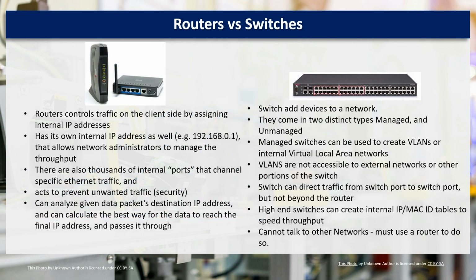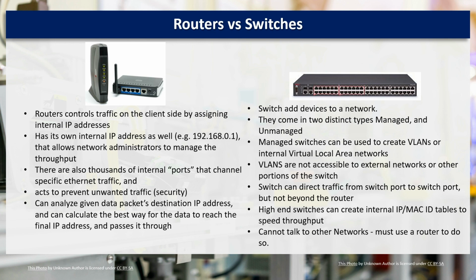Once you leave the home, routers and the switches tend to be separated. That's because they perform two distinct functions. Routers control traffic on the client side by assigning internal IP addresses. They have their own internal IP address as well, for example 192.168.0.1.